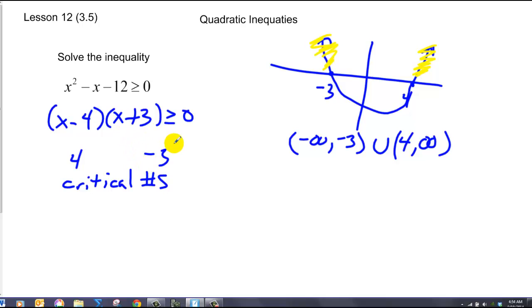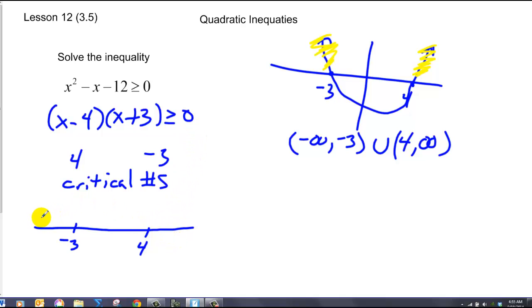Now, if we're going to do this algebraically, we want to list our critical numbers on a number line. So here we have negative 3 and 4, and we want to test numbers outside the lowest bound, in the middle of the two critical numbers, and outside the highest bound, and see whether my values are greater than or less than 0.